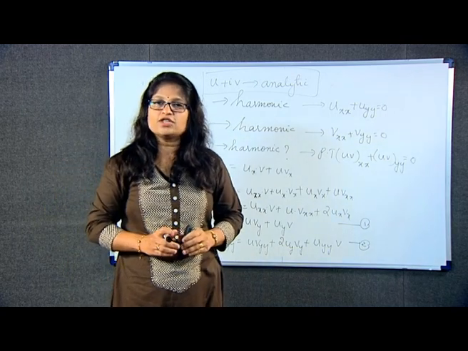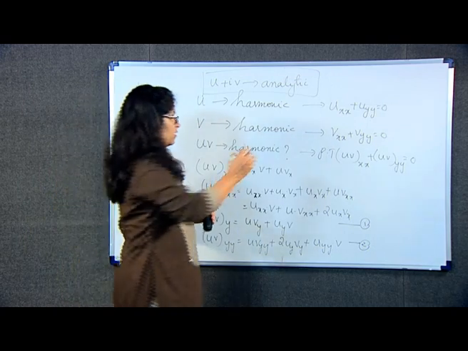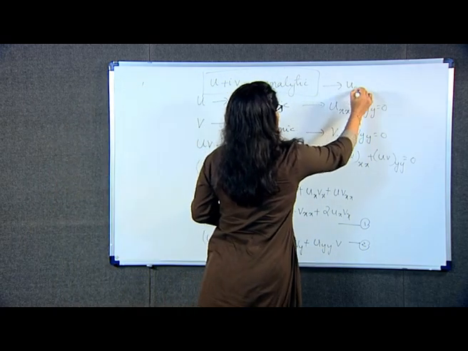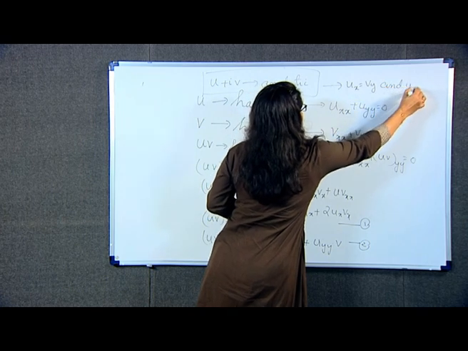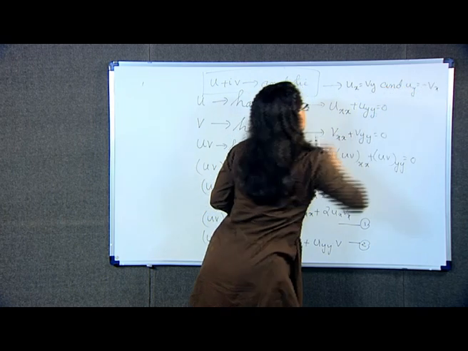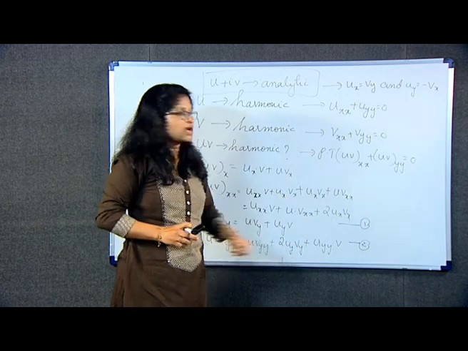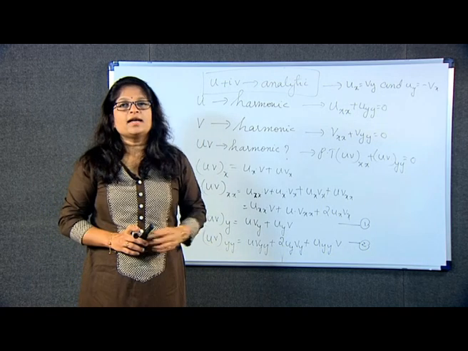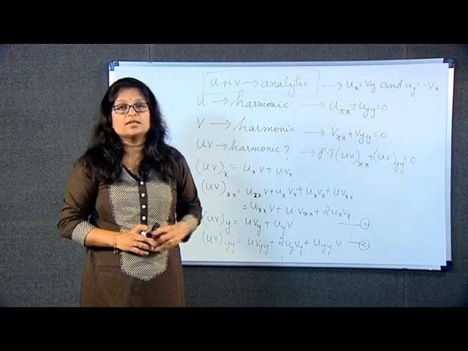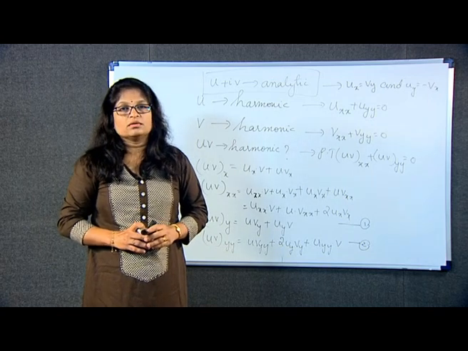Whenever my function u plus iv is analytic, your CR equations hold. That means your u x is equal to v y and u y is equal to minus v x. So, this will ensure that 2 times u x v x and 2 times u y v y becomes 0. So, if I add the left hand side, the right hand side becomes 0, that means uv also satisfies the Laplace equation.